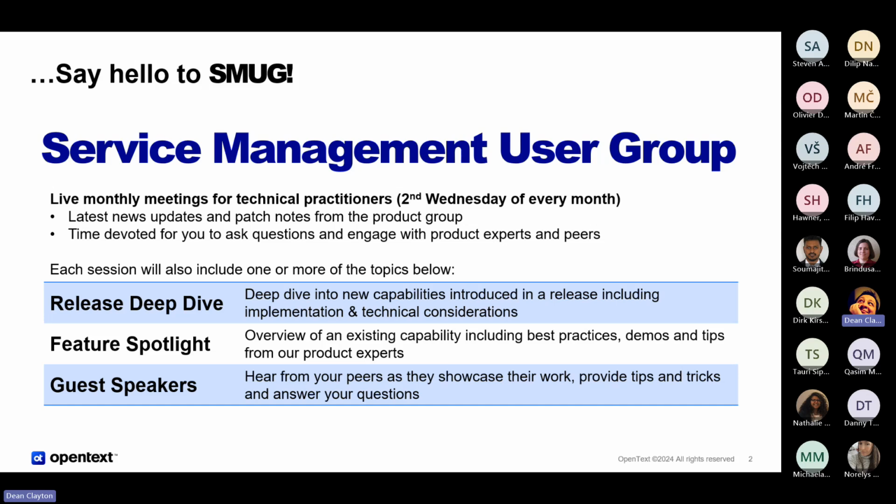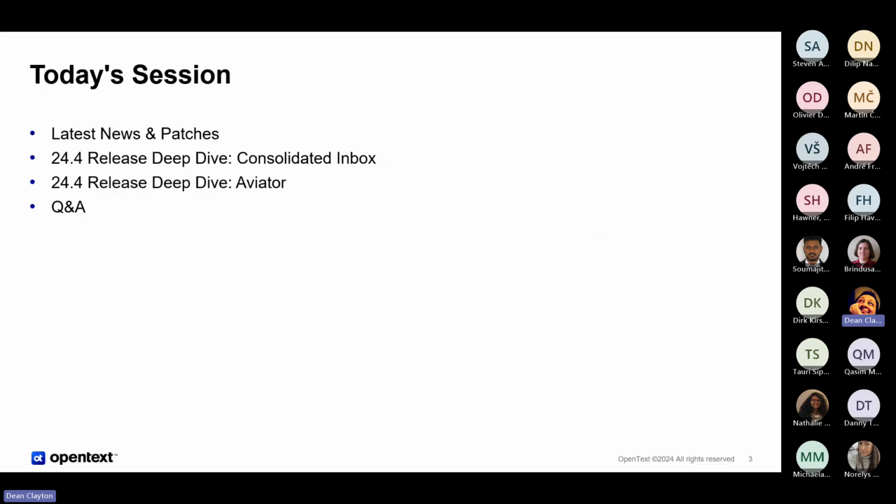We obviously have three different types of user group session or categories that we set up: release deep dives, feature spotlights, or guest speakers. Today drops into that release deep dive type of content. So we're going to do our normal round of news and updates on patches. But then my good colleague Steve is with us today, and he's going to give a little bit of a demo around the new consolidated inbox feature.